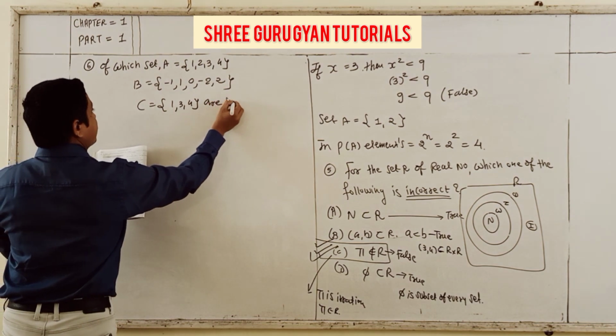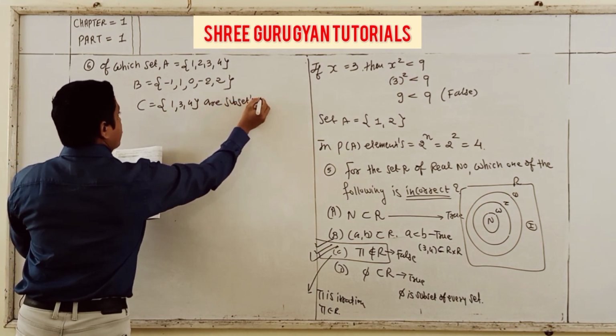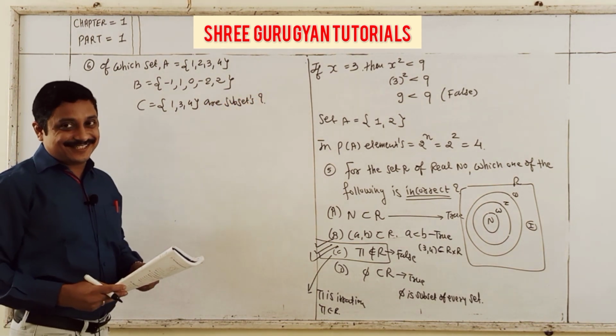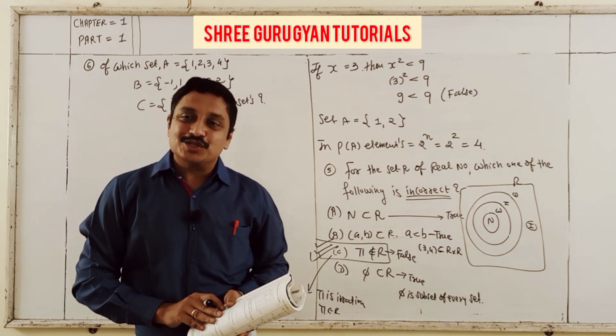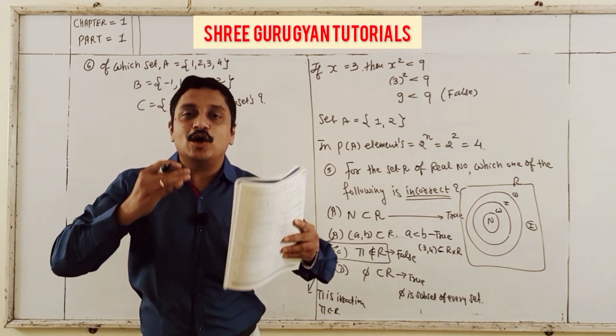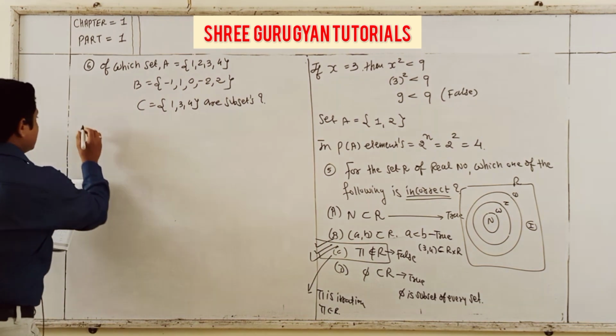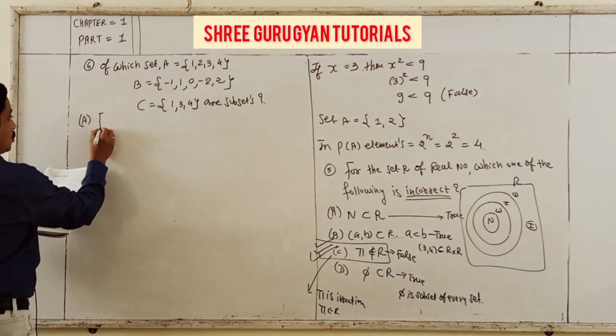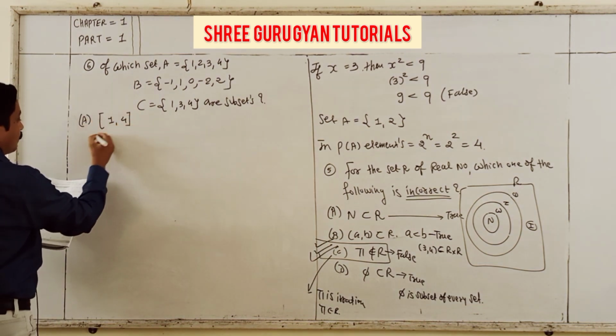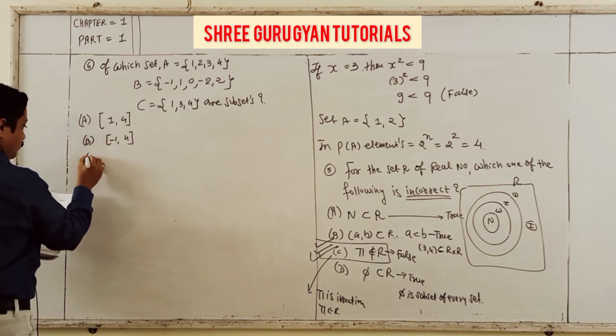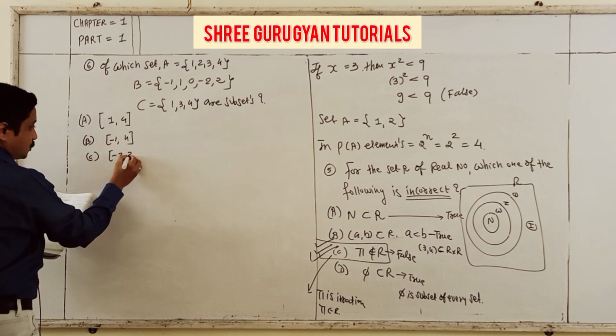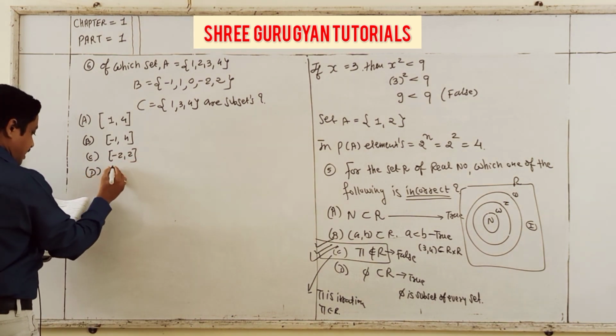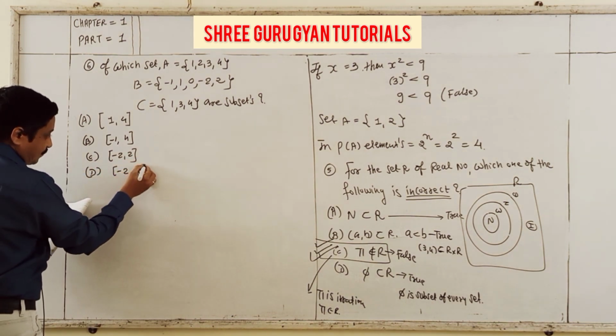These are subsets of which option? Yes, students, this question also depends on the options. My options are: a) closed bracket 1 to 4, b) closed bracket -1 to 4, c) closed bracket -2 to 2, and d) closed bracket -2 to 4.